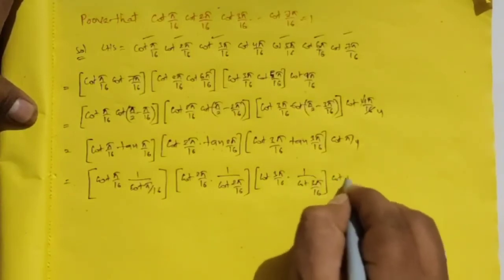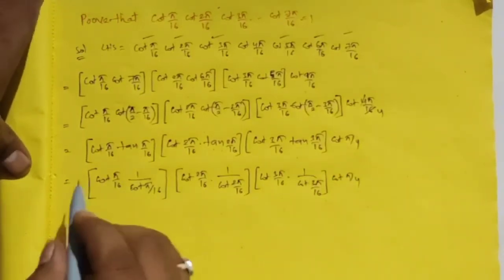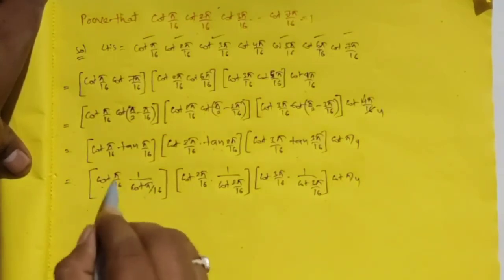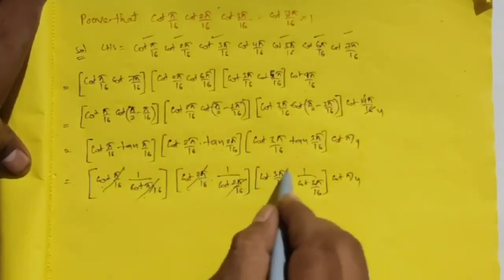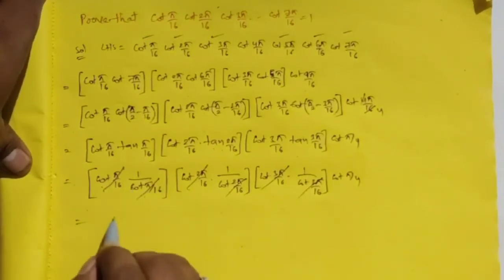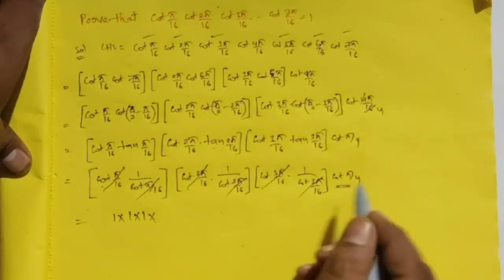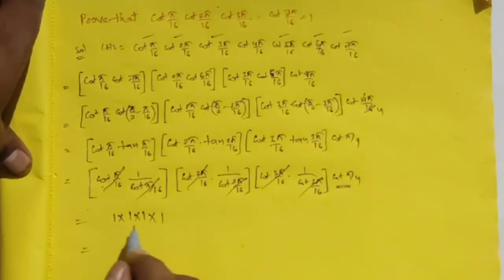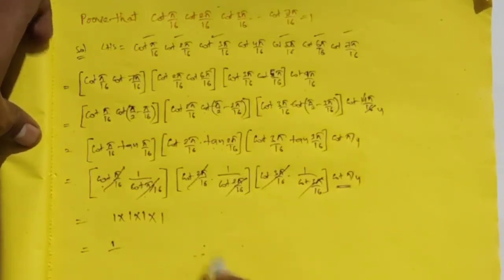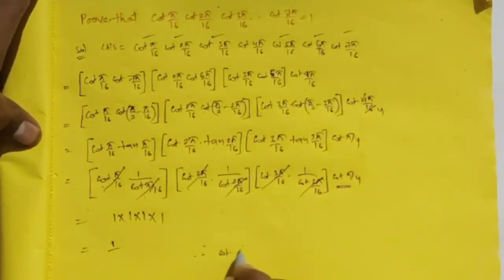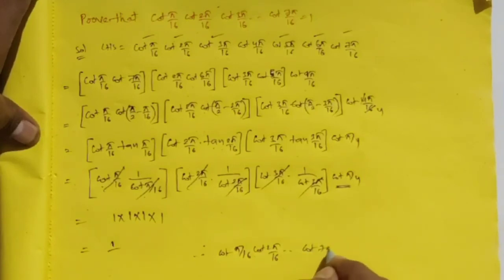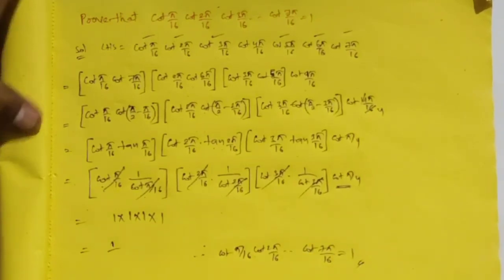Then take cot pi by 4. So now they get cancelled here, here, and here. We get 1 into 1 into 1 into the value of cot pi by 4, which is also 1. So 1 into 1 into 1 you get 1 only. Therefore the value of cot of pi by 16 and cot of 2 pi by 16 and so on up to cot of 7 pi by 16 is equal to 1. So this is an important question.